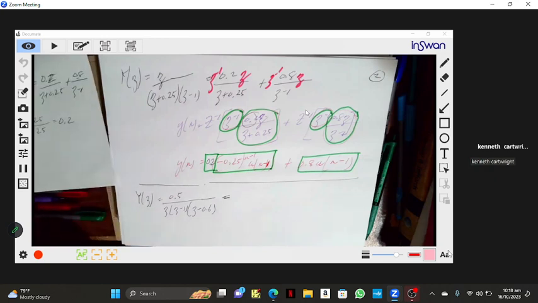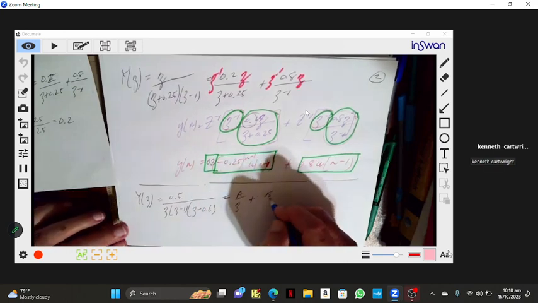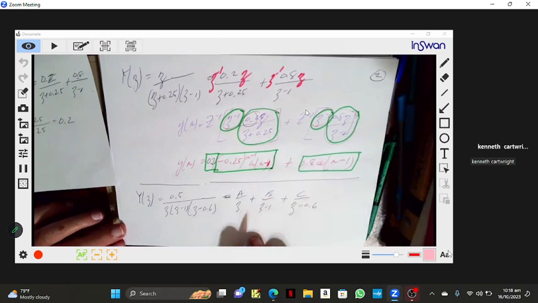You don't see 3 factors? So you'll have to have a C. This is A over Z plus B over Z minus 1 plus C over Z minus 0.6.